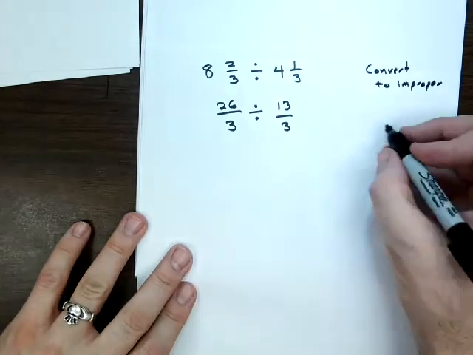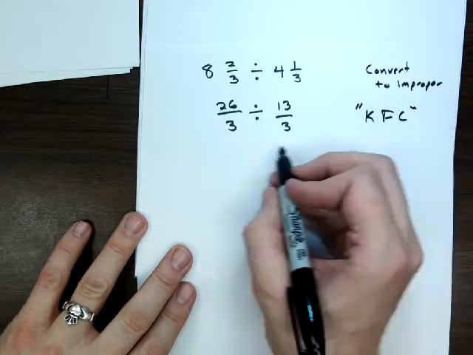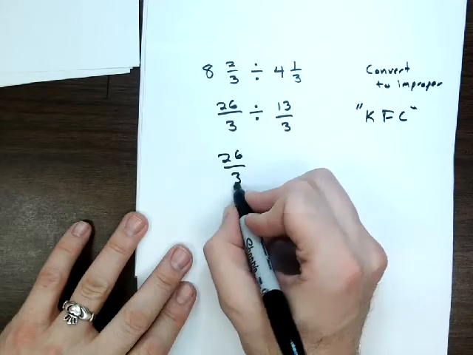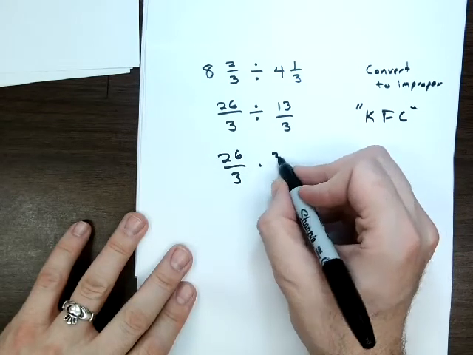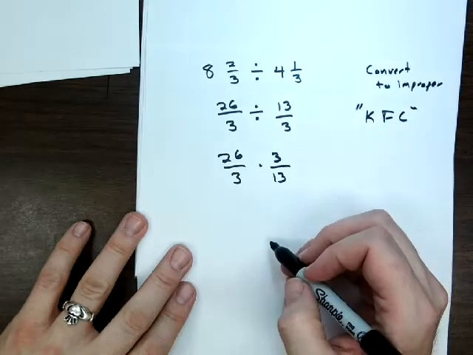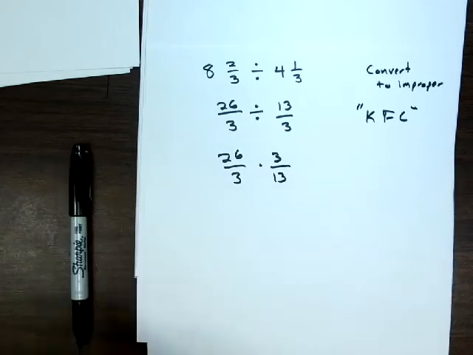Now I can go ahead and keep this first fraction. So remember what I said. Keep, flip, change. So we're keeping that first fraction, 26/3. We're flipping the second fraction. And we change that division to multiplication. Now comes the fun part. Let's reduce.